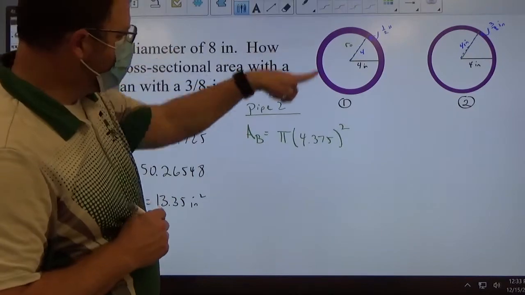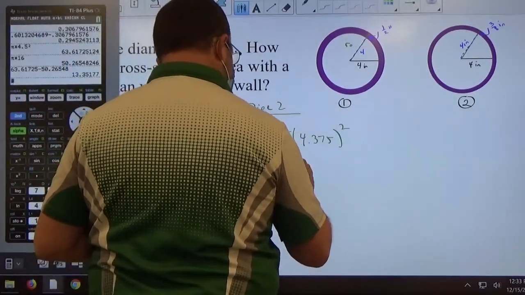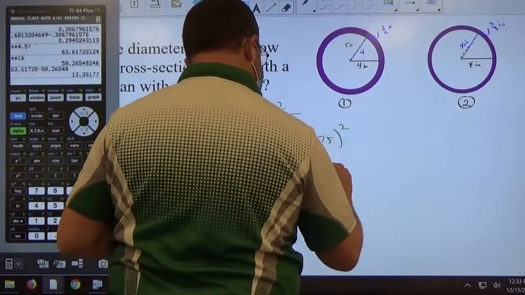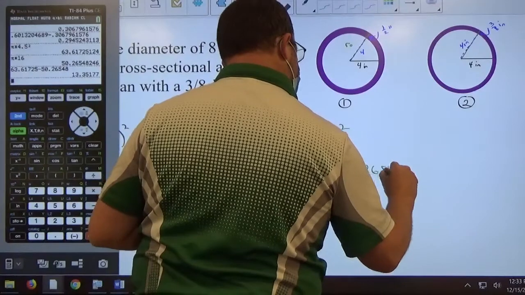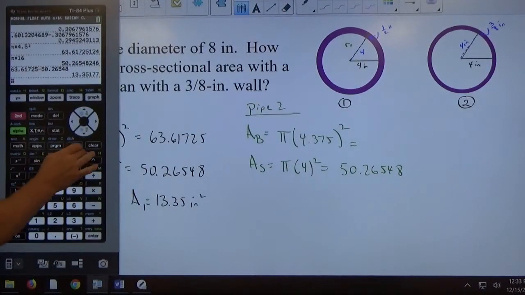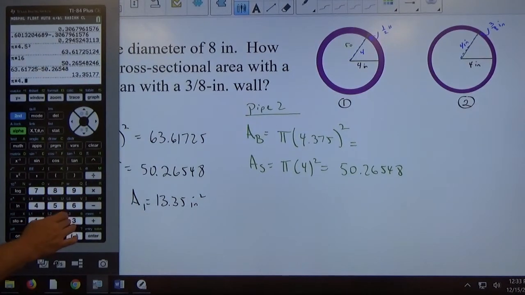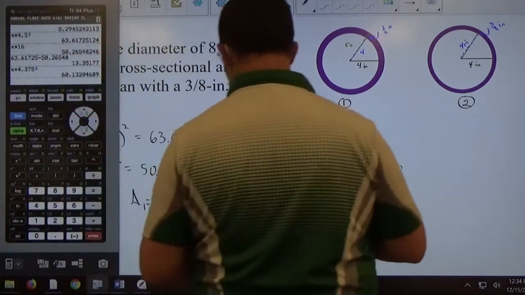So 4 and 3/8 is 4.375 squared. And then the area of these smaller circles is going to be pi times 4 squared. This still equals 50.26548. That didn't change. But the outer area is going to be different, right? So if I do pi times 4.375 squared, that comes out to 60.13205.